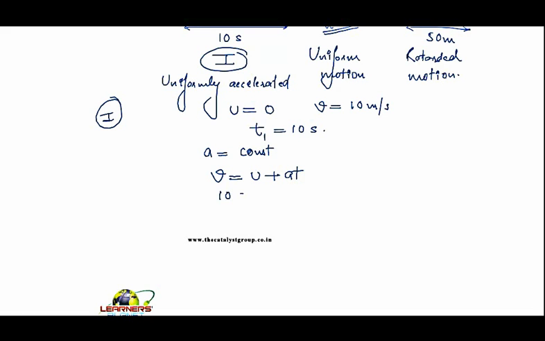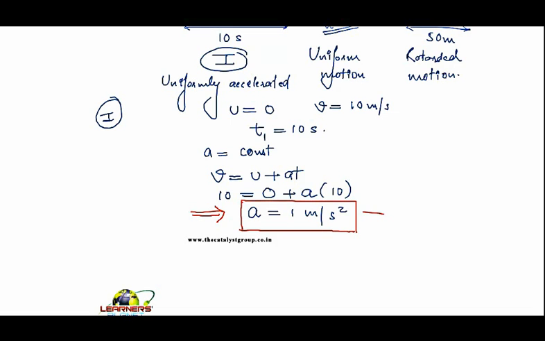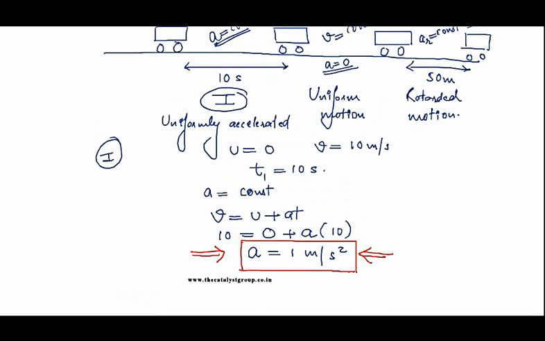Now v in this particular case is given to you, u is 0, plus acceleration into time, that is 10 seconds. So simply you can say that your acceleration comes out to be 1 meter per second square. Is it fine friends? So for the first case your acceleration comes out to be 1 meter per second square.